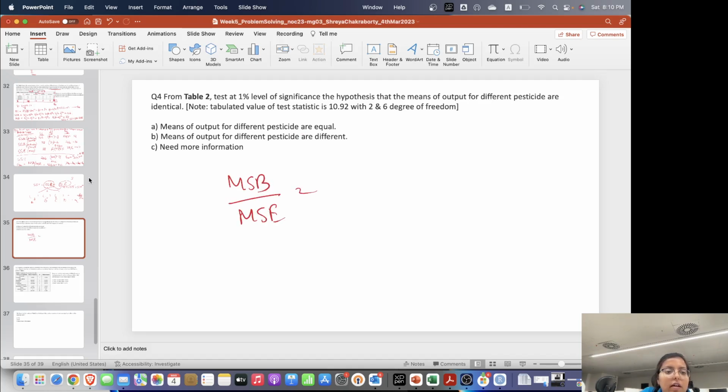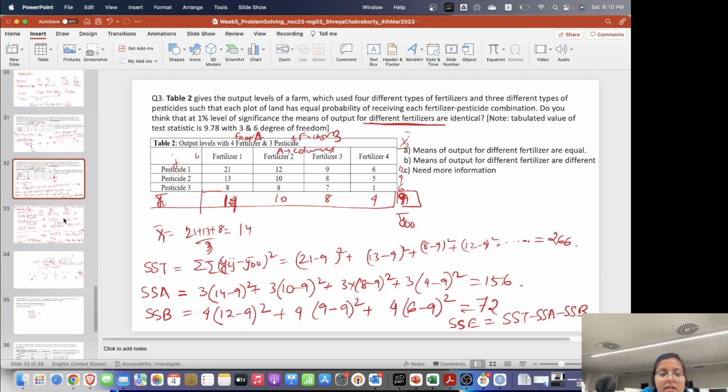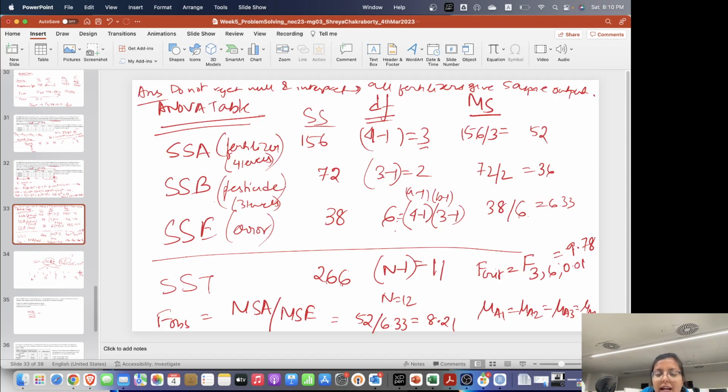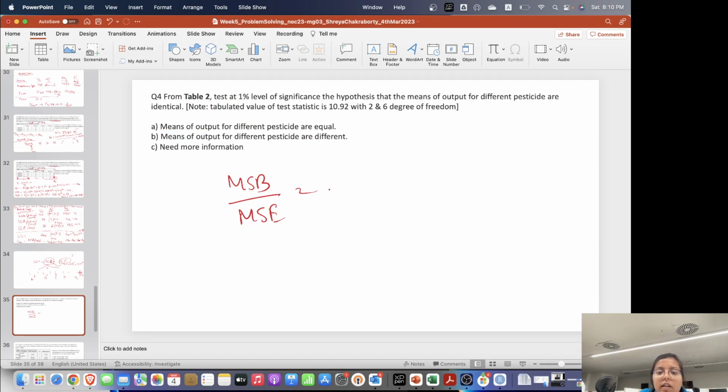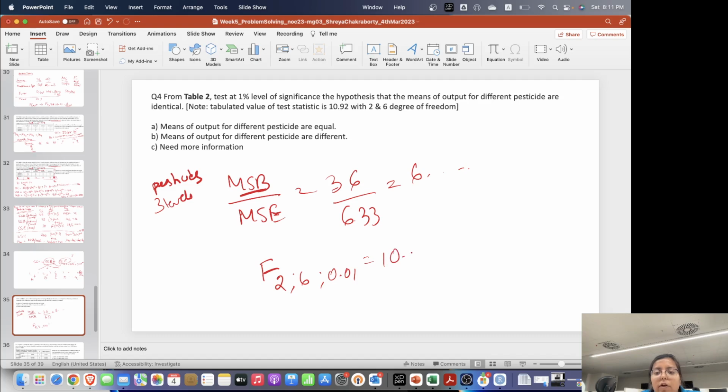Here, what was MSB? 36 by 6.33. It will be something around 6 point something, and the degrees of freedom will be F2, because this one has 3 levels, pesticides, and for MSC the error DF remains the same. So F critical at 0.01 is 10.92. Here also we do not reject.